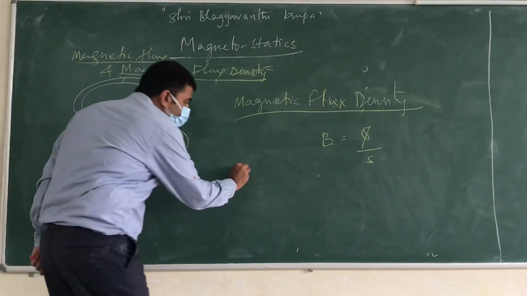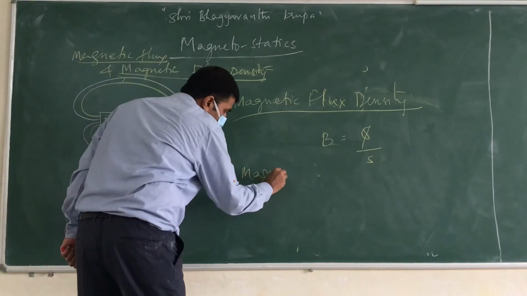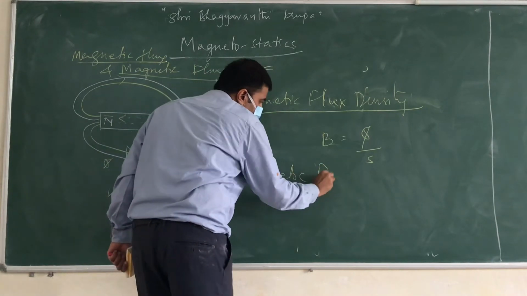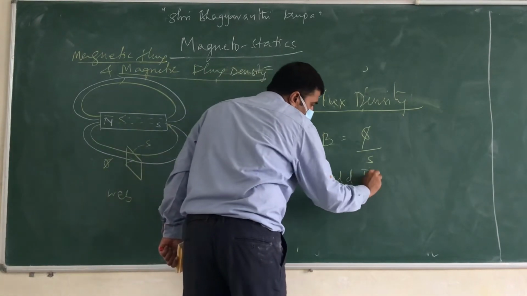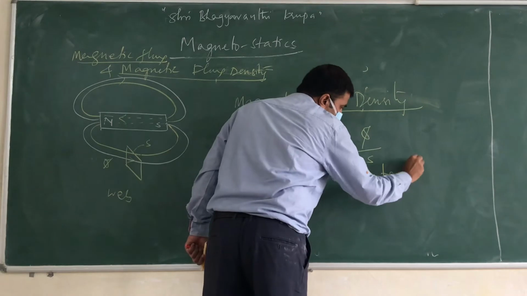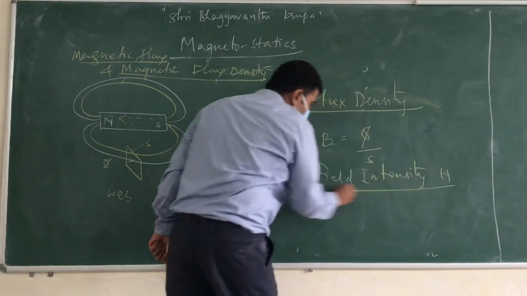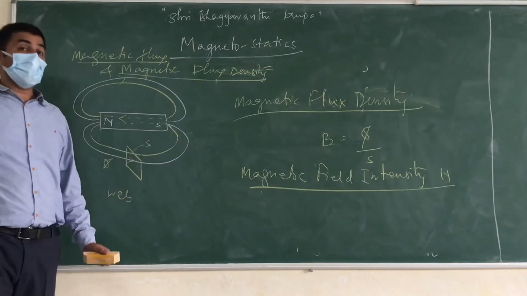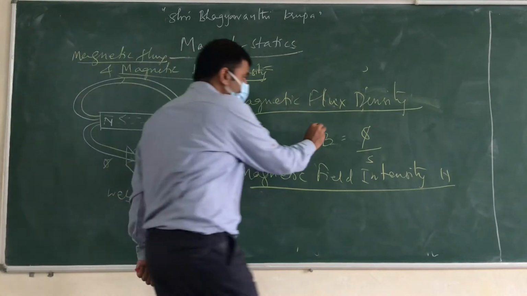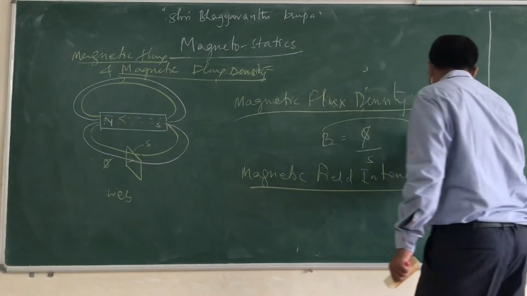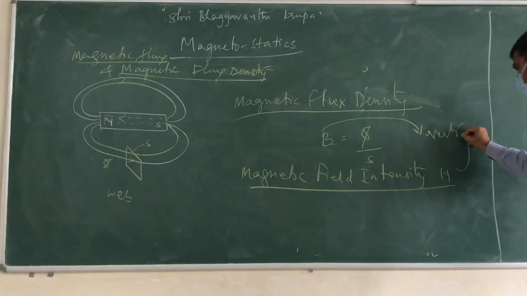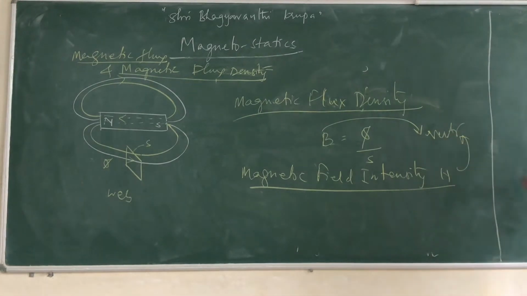Then magnetic field intensity H. At present, I am talking only about magnitude, but this is a vector. This is a vector, and this is also a vector. How to define magnetic field intensity? See, electric field intensity gives what?